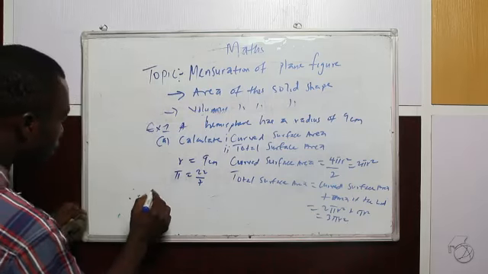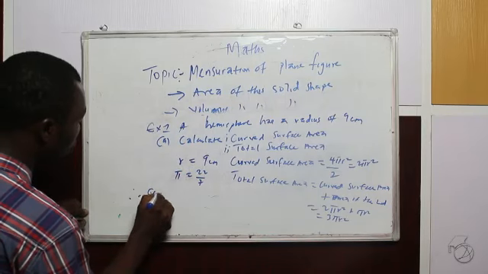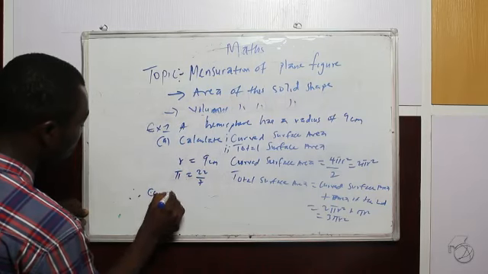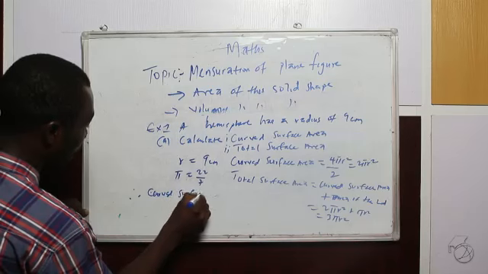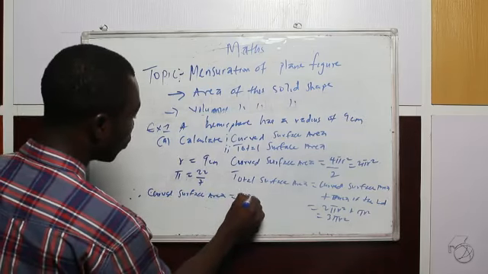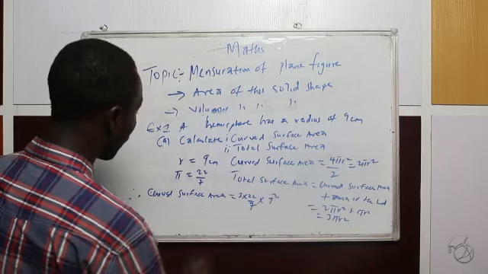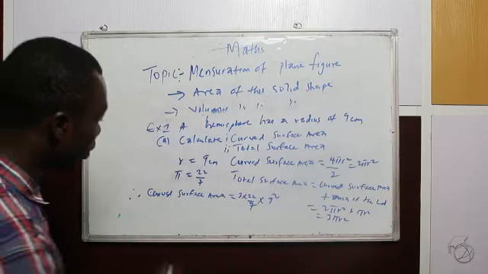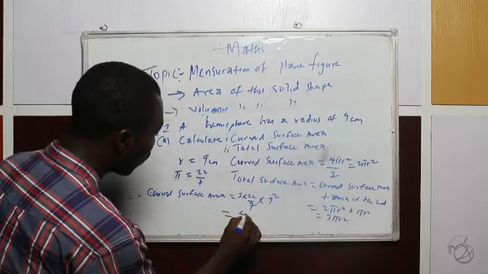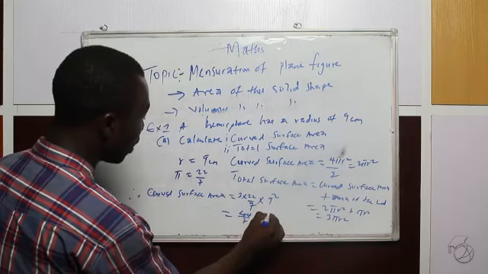Therefore, let us substitute our values where we have a radius of 9 centimeters. The curved surface area is equal to 2 times 22/7 times 9 square, which will give us 44/7 times, what is 9 square? 81.